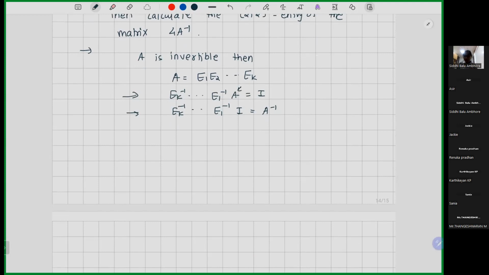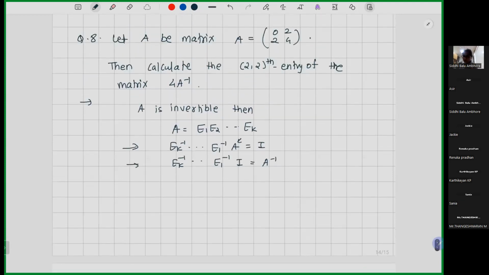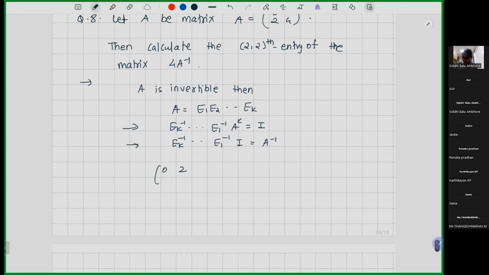When I apply the operations I apply on A to get the identity matrix, and when I apply those same operations on the identity matrix, I get A inverse. So that's what we will do. We will start with A on one side, 1, 2, 2, 4, and here the identity matrix. Okay.